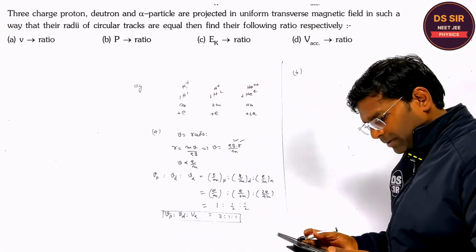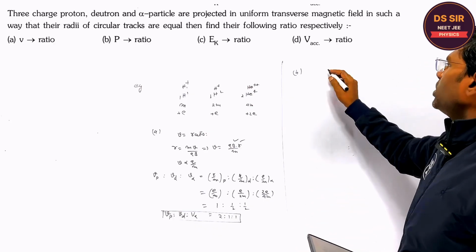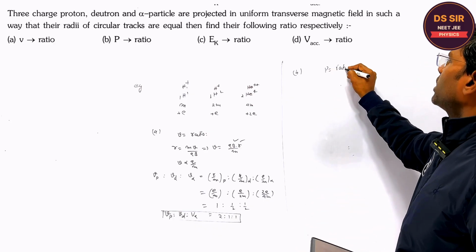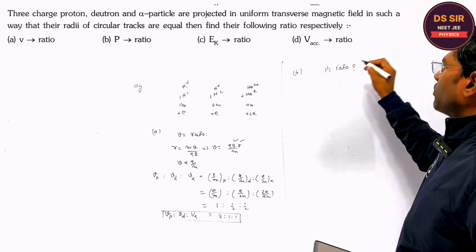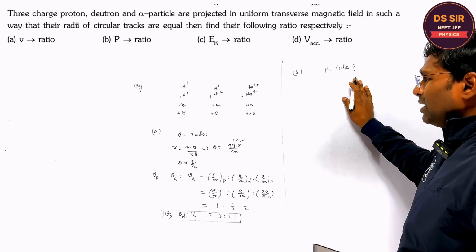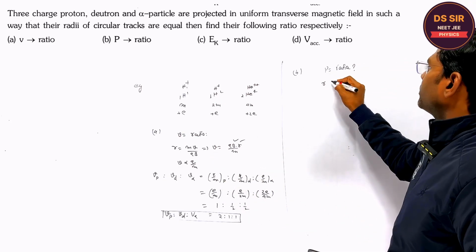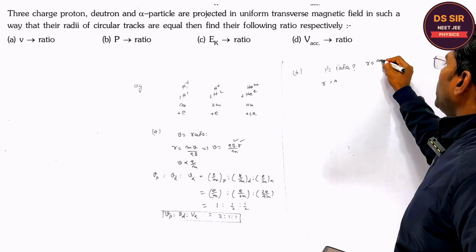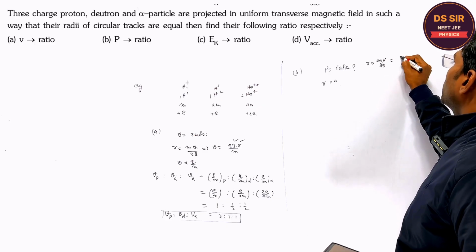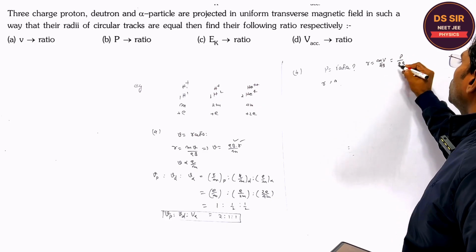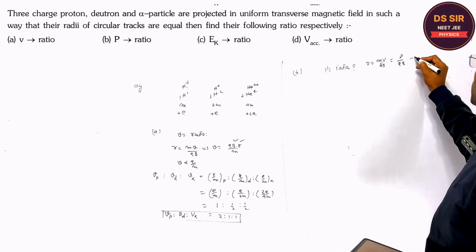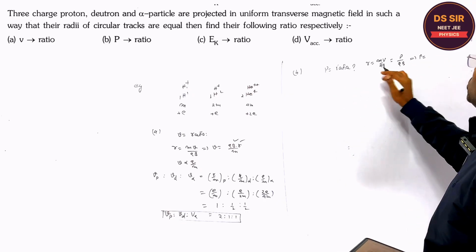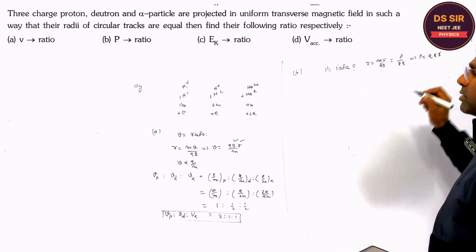So let's see the B part. What is the B part? The momentum ratio we have to find. If radius is same, radius is equal to mv upon qB, that is p upon qB. So the momentum is qB into r.